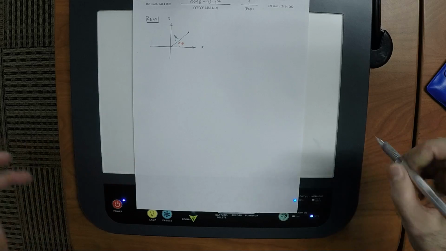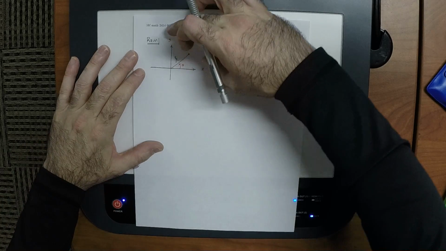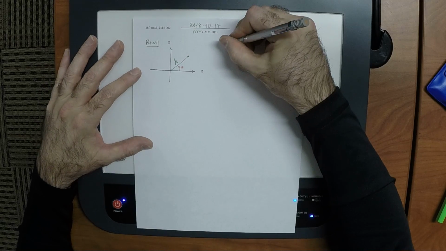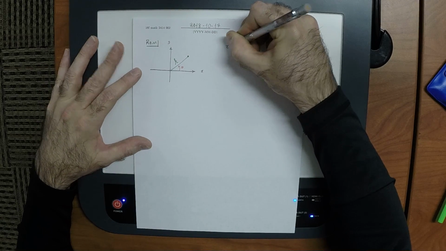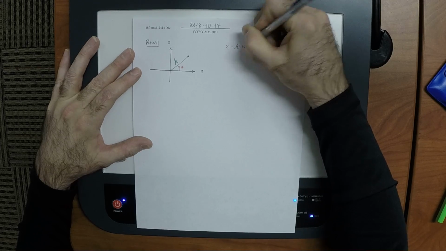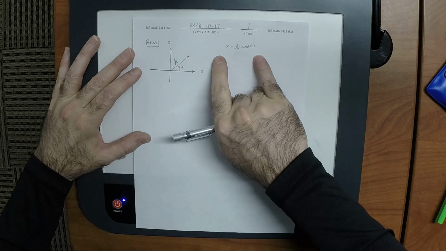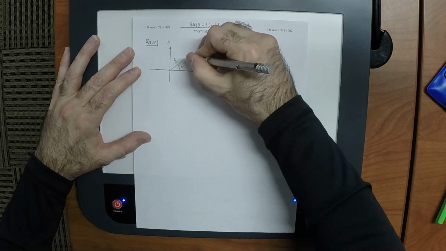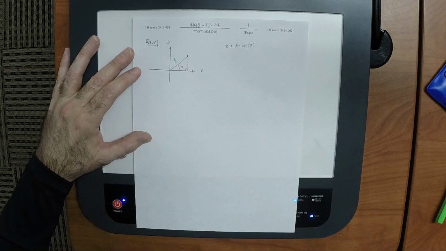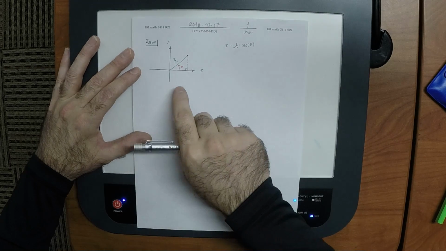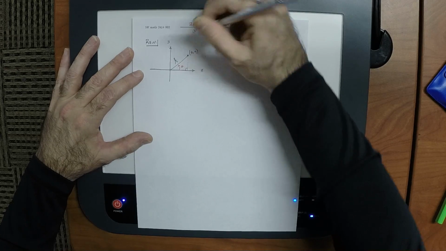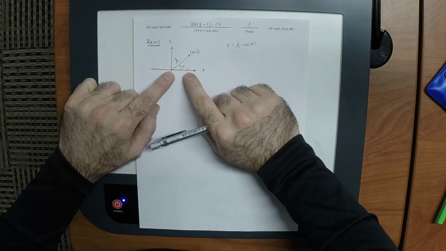Okay, and then the xy and r theta can be related to each other in the following way. We can say that x is r multiplied by the cosine of theta. The reason that's the case is that if we set up this right triangle right here, and this is the point xy, then what's the base of that triangle?